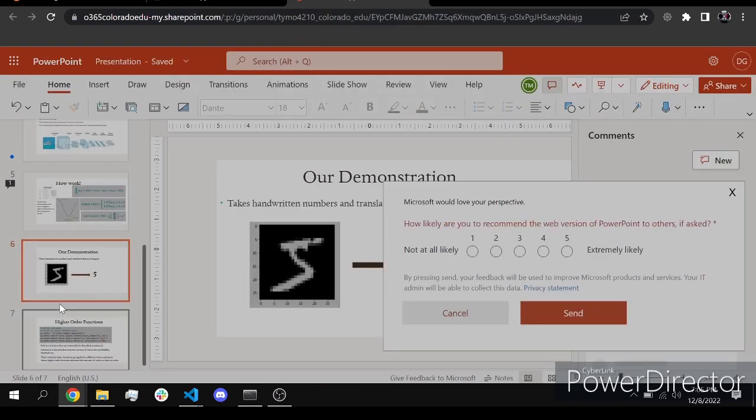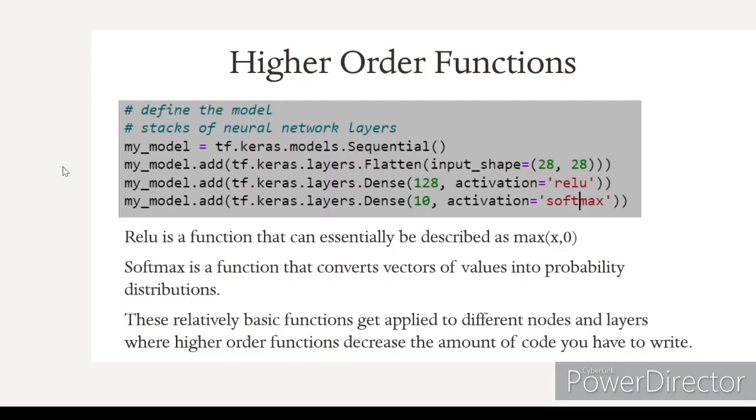So going back to our presentation. As you saw from our demonstration, we had several layers, and I mentioned that we would go over ReLU and softmax. ReLU is basically a function that can be described as the max between the input and 0. If the input is negative, it returns 0, else it returns the value itself. This can help in determining which input values get progressed forward based on probability.